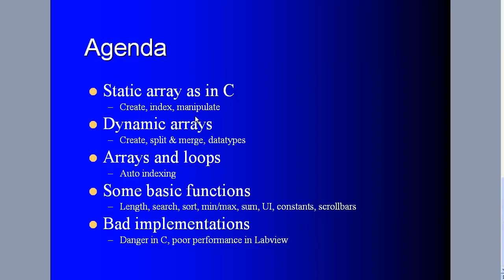Okay, one thing I did not put in this agenda, but I will show you as well, are multi-dimensional arrays. All the things I showed you at this moment are one-dimensional arrays, but you can just as easily make multi-dimensional arrays, and I will show you quickly how I can do that.